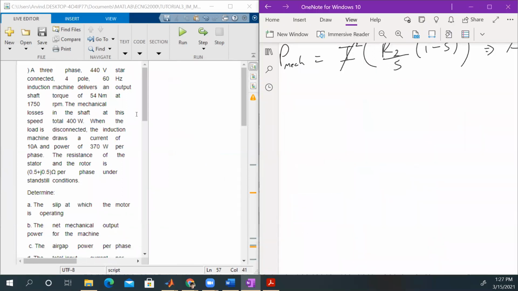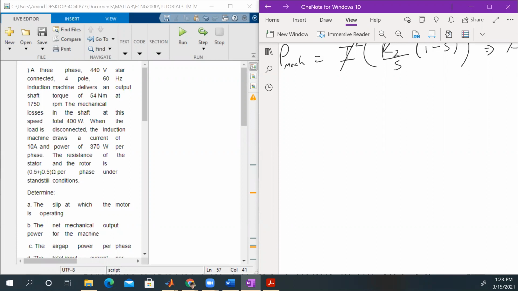Good. So now we have a 3-phase 440 volt star connected 4-pole 60 Hertz induction machine delivering an output shaft torque of 54 Newton meters at 1750 RPM. Mechanical losses in the shaft at this speed total 400 watts, right?